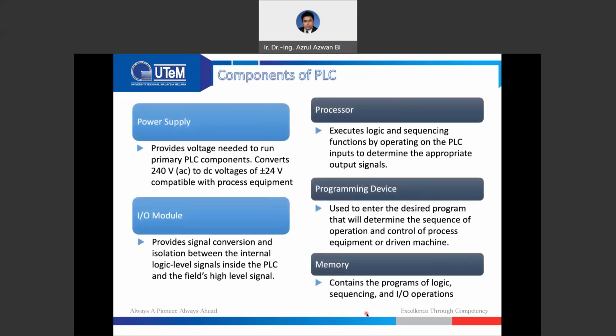Each component of the PLC has its own function. The power supply provides voltage, the I/O modules provide signals, the processor executes logic, the programming device is used to program, and the memory contains and stores the logic sequence and also the operation.